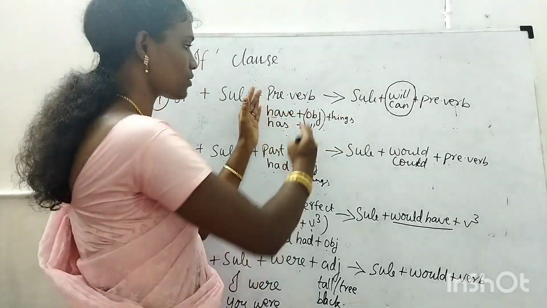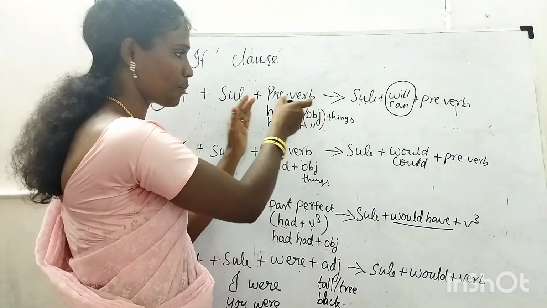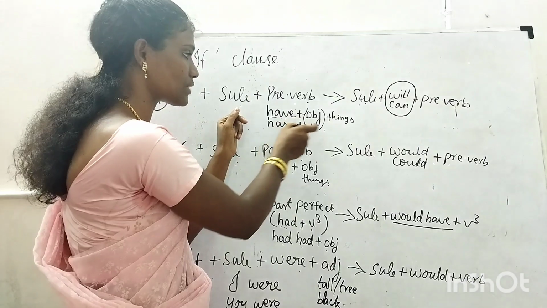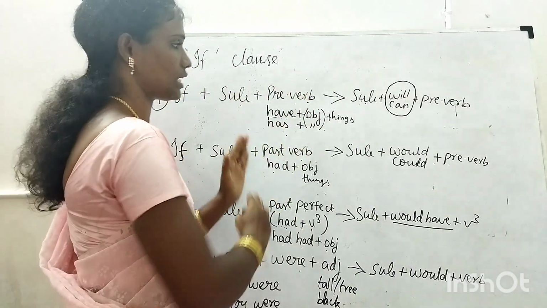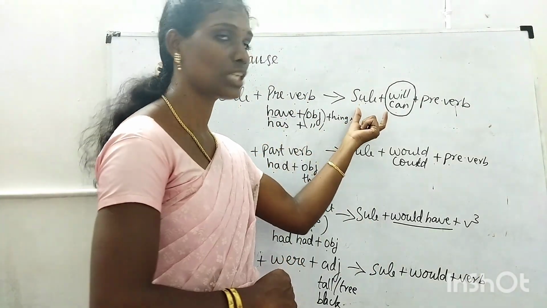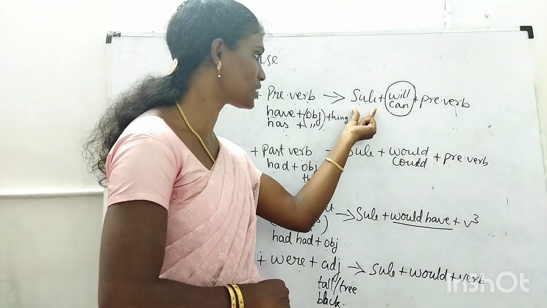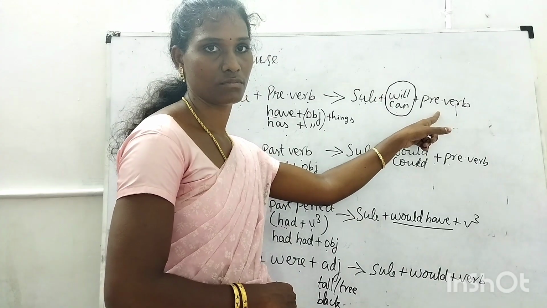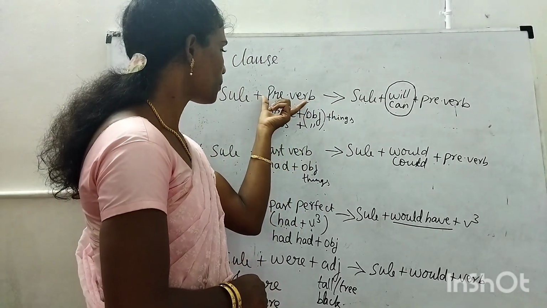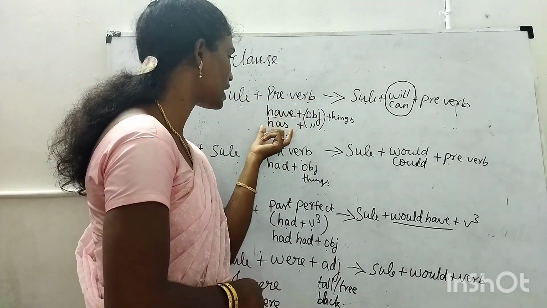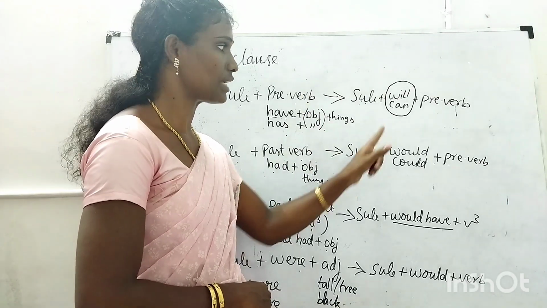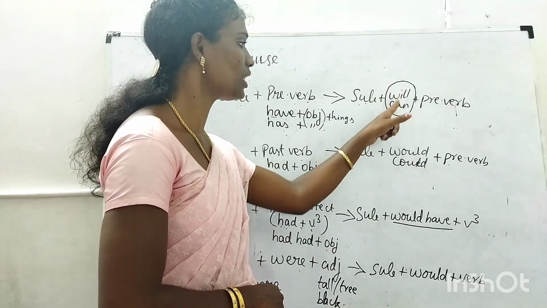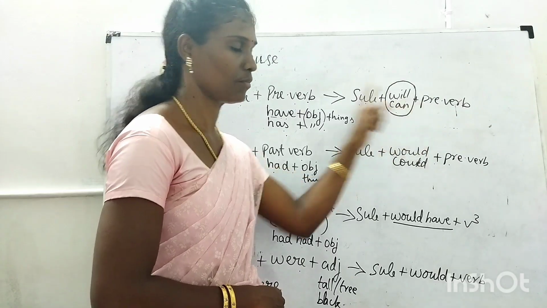This is the first sentence structure: present verb, or else have or has with an object. If we have this sentence, from the options you choose subject plus will or can plus present verb.